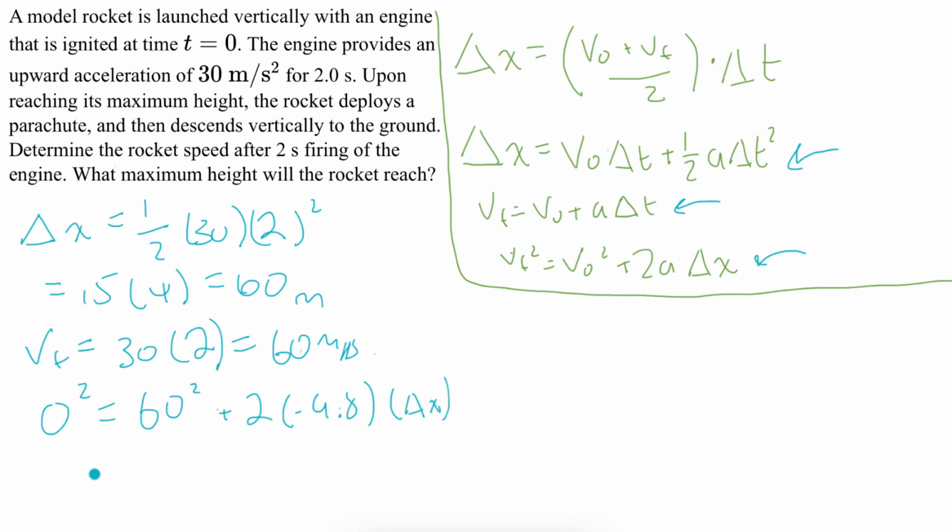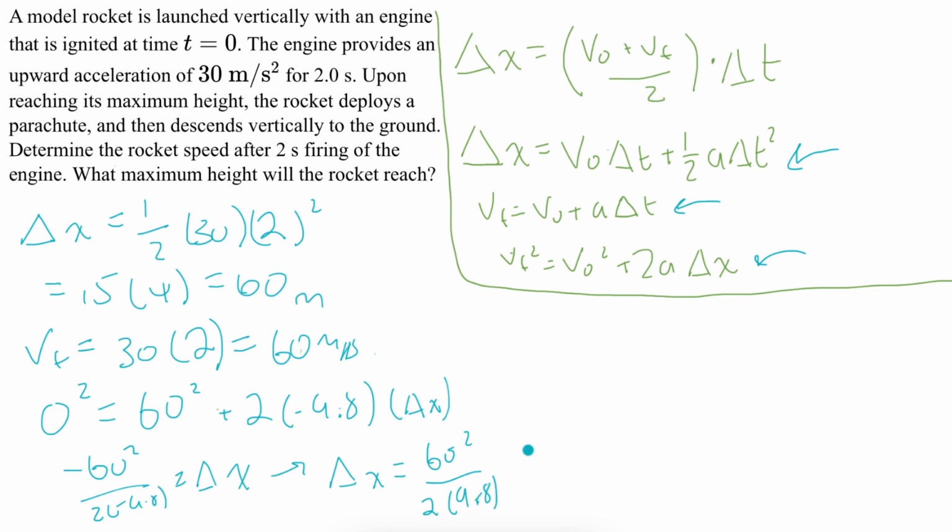And then if you simplify this, you get negative 60 squared over 2 times minus 9.8 equals change in x. And then you can simplify this to change in x is equal to 60 squared over 2 times 9.8, as the negatives just cancel.